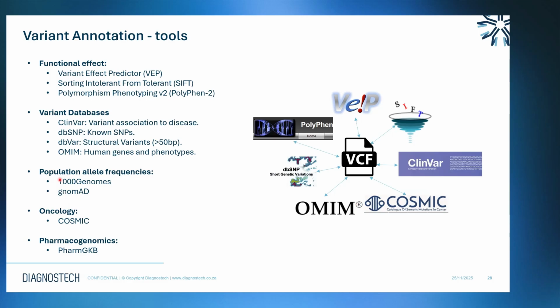However, if we detect a pathogenic variant that is less than 0.1%, or maybe not even in these databases, that tells us we've detected a very rare variant that has not been seen before, and then you would look at it in more detail. There are also more specific databases for oncology, such as COSMIC, and pharmacogenomics, such as PharmGKB. These have more detail on variants that cause known cancers and treatments.